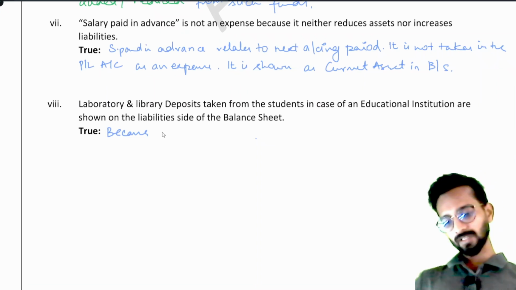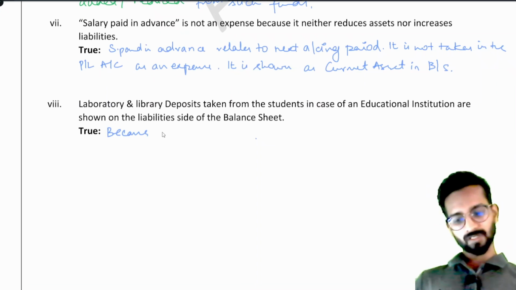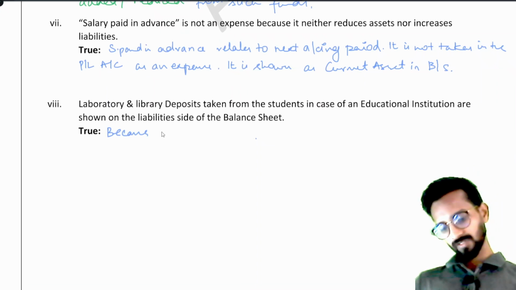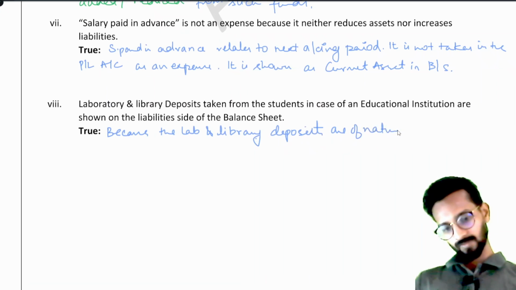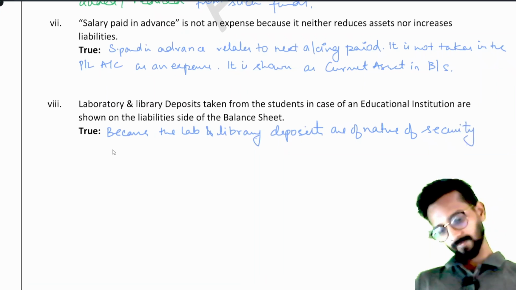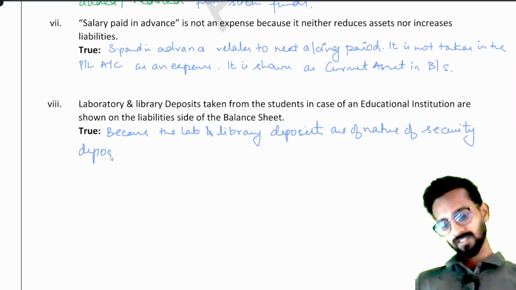These are just the security deposits. Understood? So you can write because the laboratory and library deposits are of nature of security deposits, and they are just security deposit.